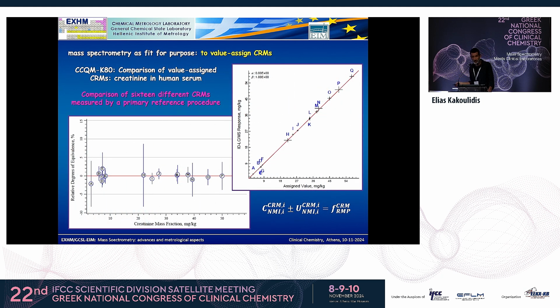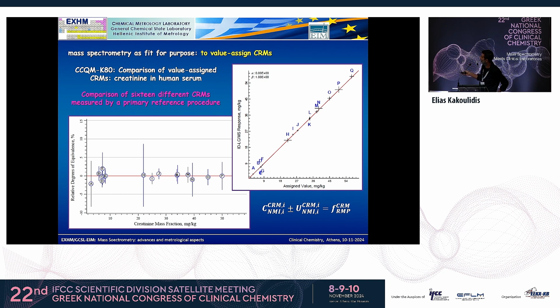What else can mass spectrometry offer? It can offer the possibility to compare reference materials. Here we have a comparison where all the metrology institutes have provided creatinine CRMs, and NIST, which has a JCTLM verified reference method, measured all these materials.